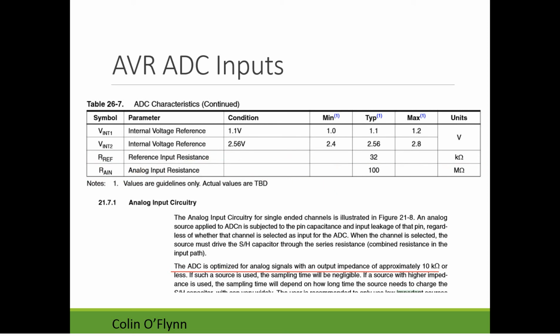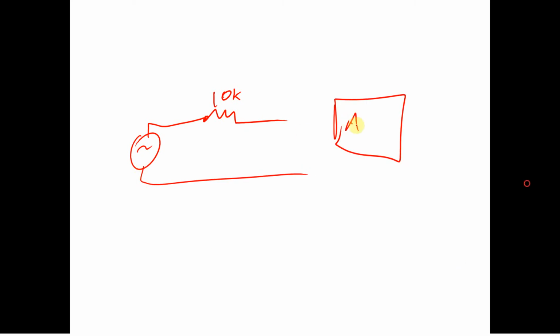the ADC is designed for signals with what they say is an output impedance of approximately 10 kilo ohms or less. So when we say output impedance, what we mean is if you had your signal, if there's some effective series resistance, they're saying this resistor should be 10K or less. And then you had your AVR here.